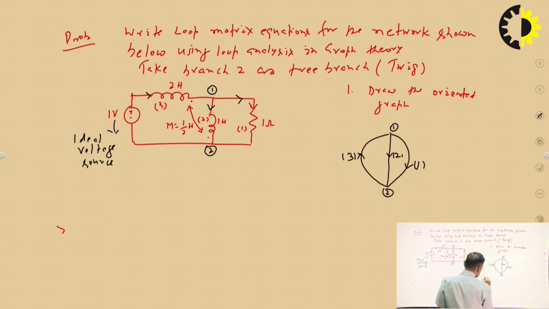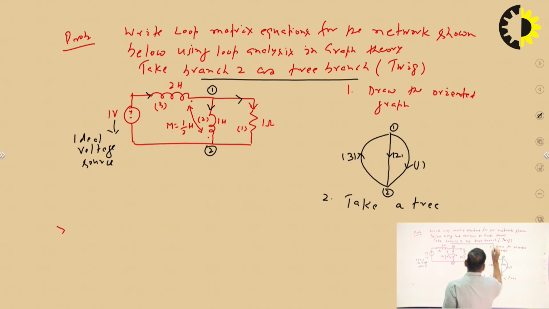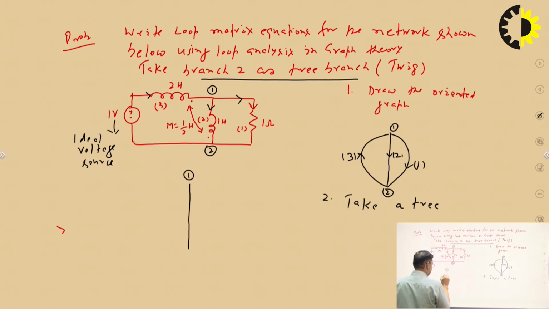The second step is to take a tree, and it is mentioned that branch 2 is the tree branch. So this is your tree. A tree contains all the nodes of the oriented graph but does not contain any loop, and the number of tree branches is n minus 1, where n is the number of nodes.